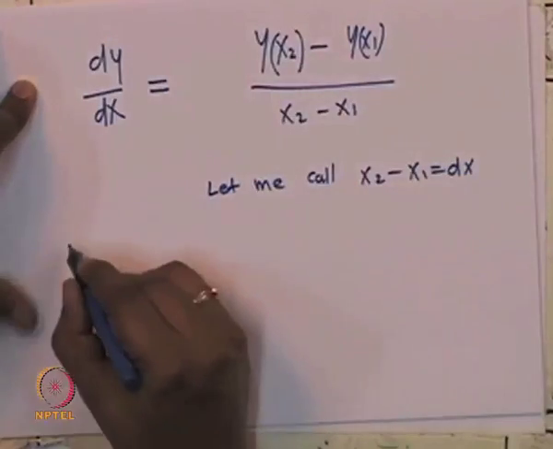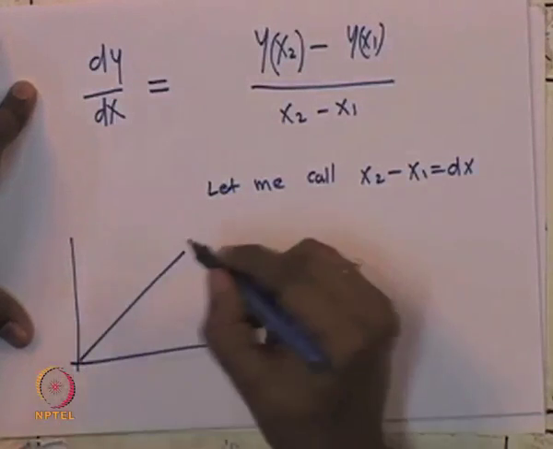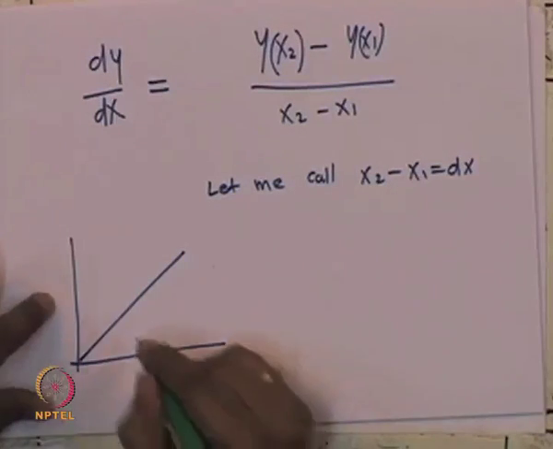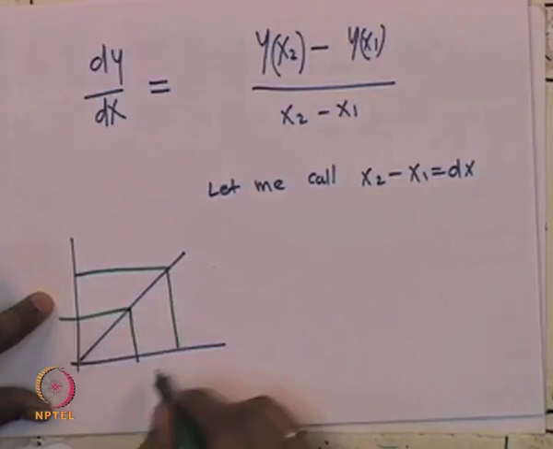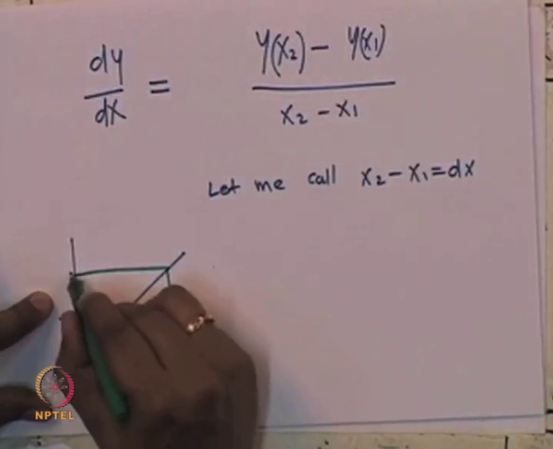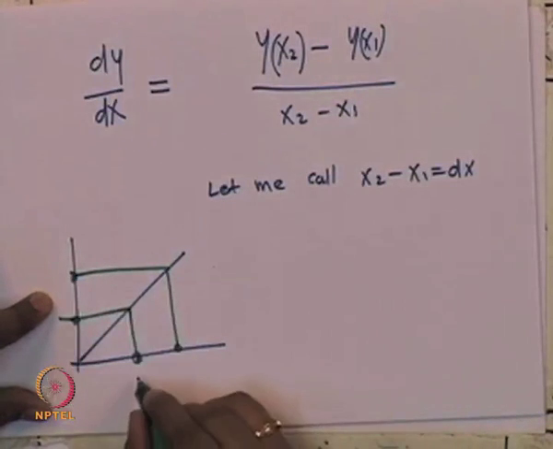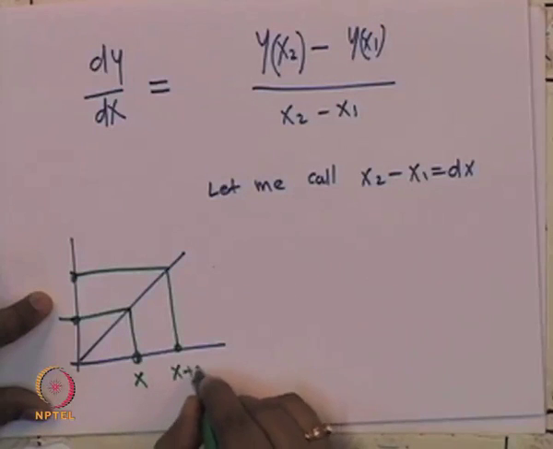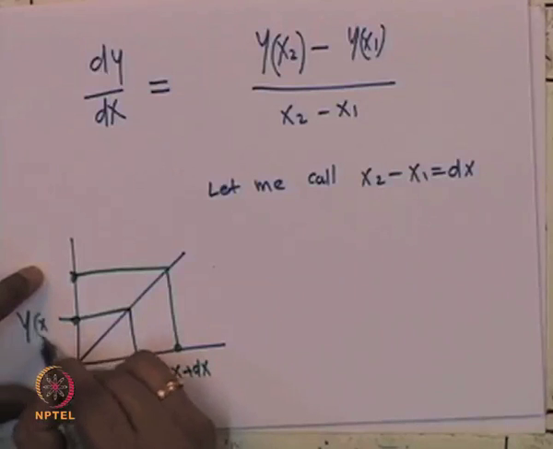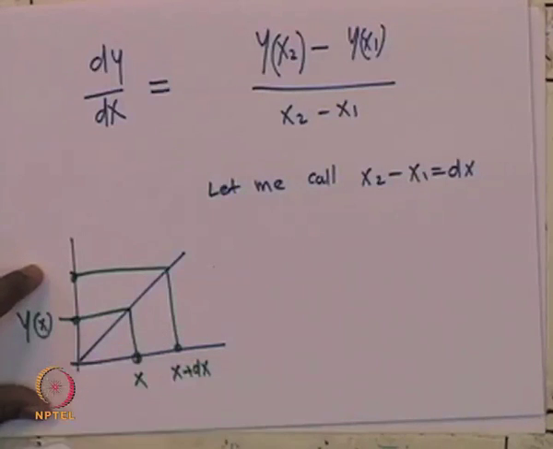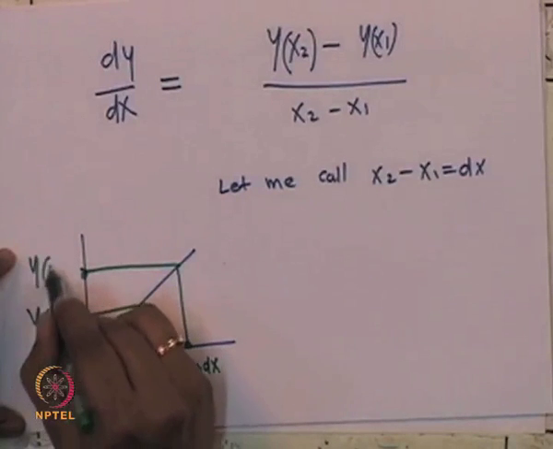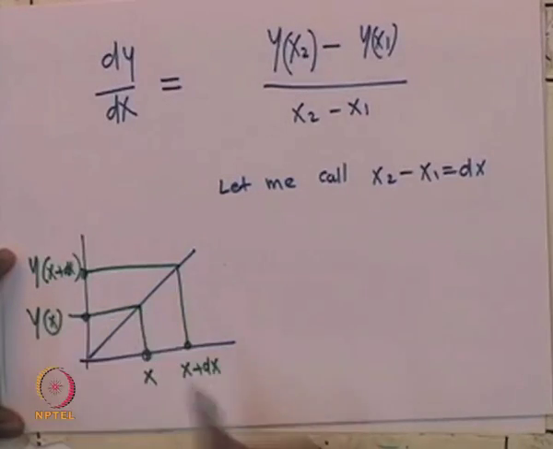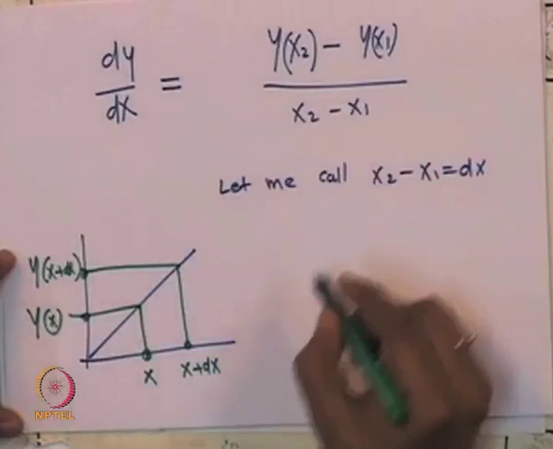If you just look at this curve we had here, we had a straight line. If you look at these 2 points on the x axis and 2 points on the y axis, now I can call this x and this x plus dx. I can call this y at x, the y value corresponding to the x value, and this y corresponding to x plus dx. So, you can also write this definition in a different way.